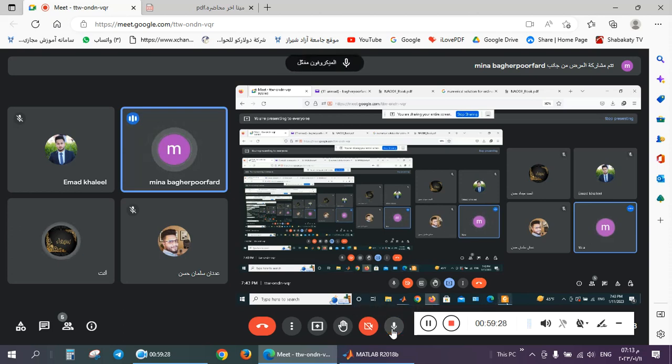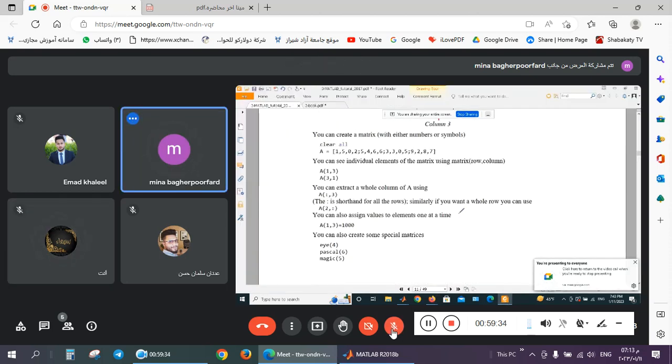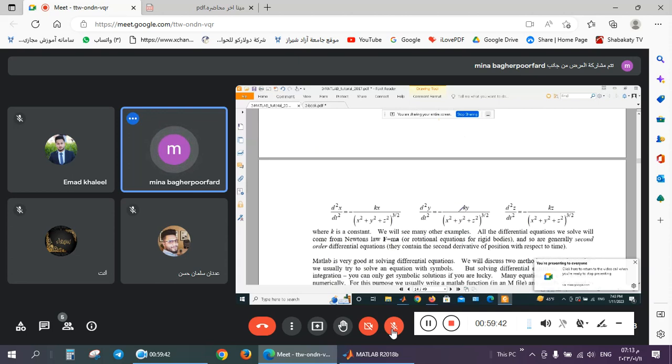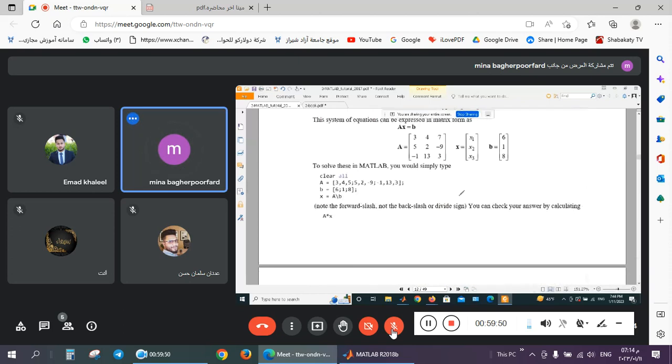Okay? This file, from the beginning until here, we use commands that help us to solve everything exactly. For example, diff is used for derivative exactly. Int, please let me find and show to you.